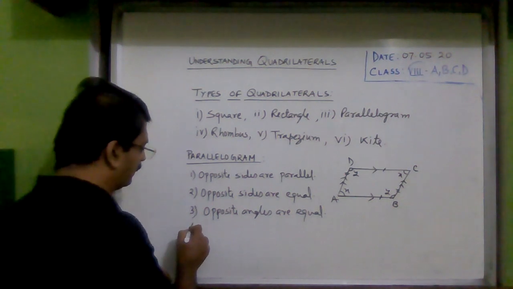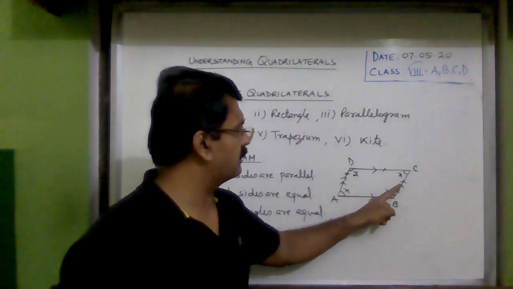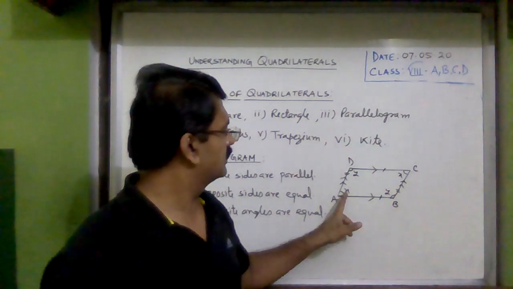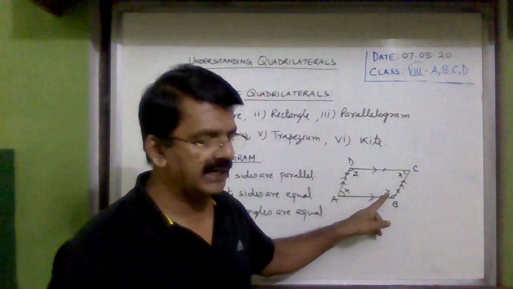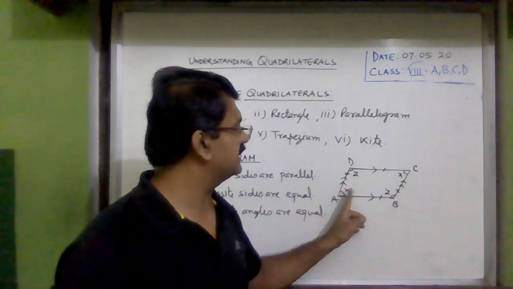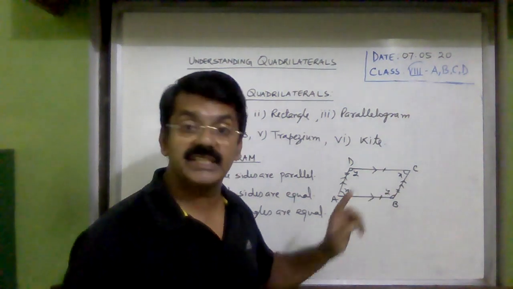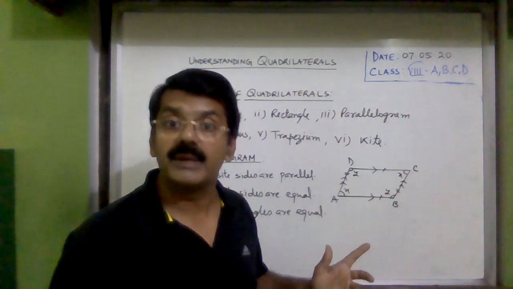Now the fourth property. As these two sides are parallel and it is a transversal, these angles are called co-interior angles, and the sum of co-interior angles is always 180, meaning x plus y will be equal to 180. So the adjacent angles are supplementary.